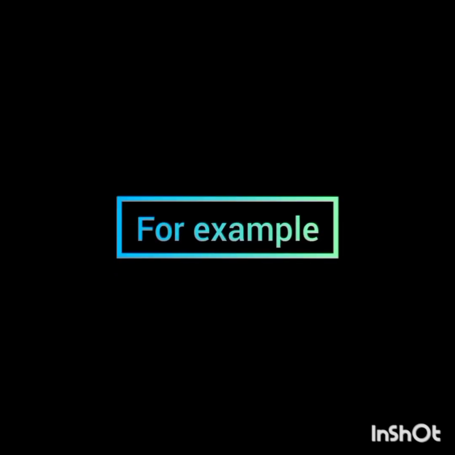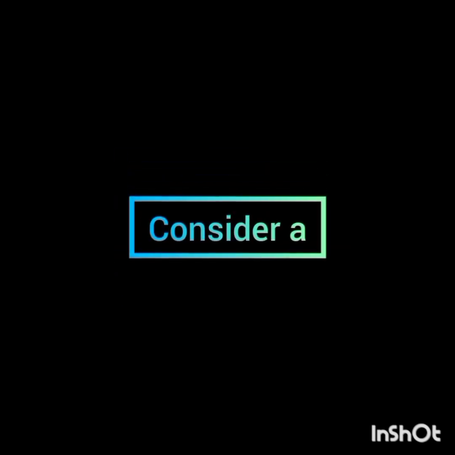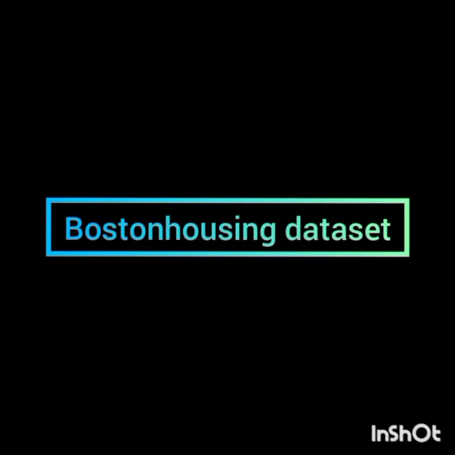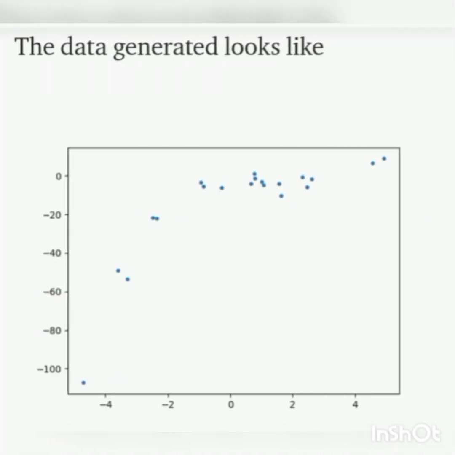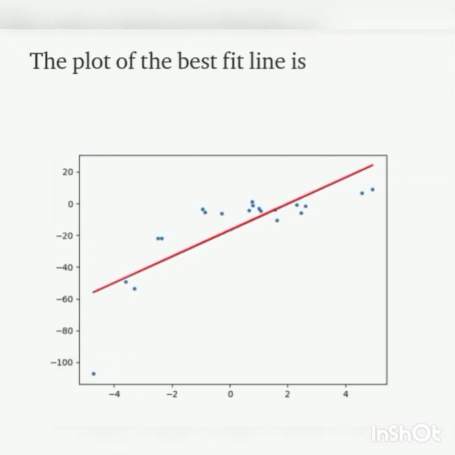For example, consider a data set like the Boston housing data set. If we plot the data distribution of the Boston housing data set, it is represented as above. If we train our model to perform linear regression on these data points, then the best fit line passes through very few points, which results in underfitting and bias.